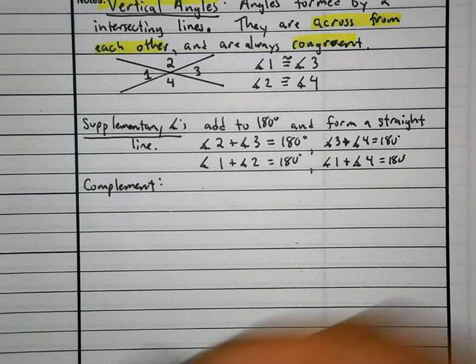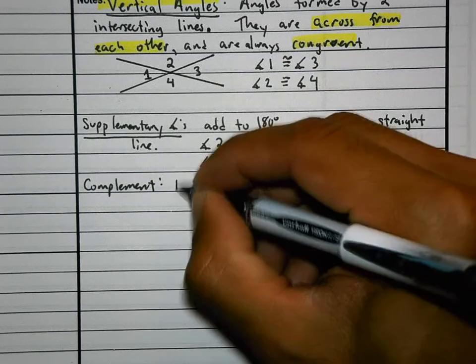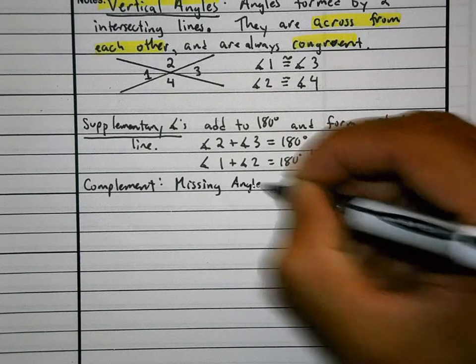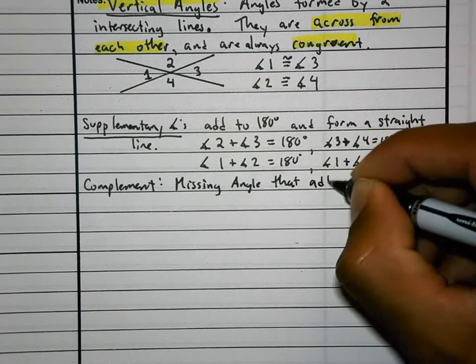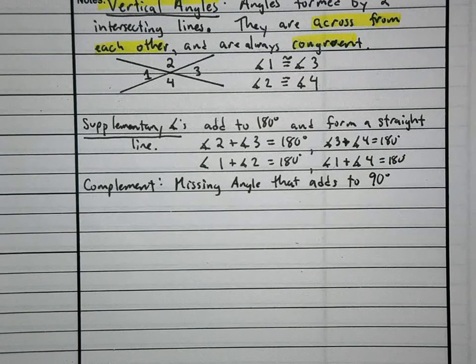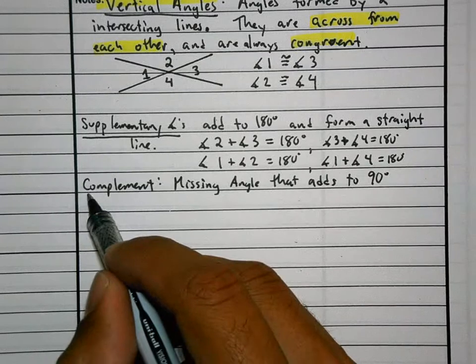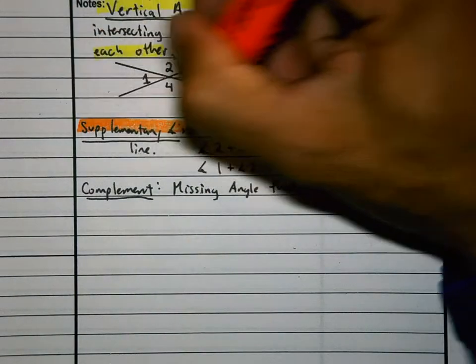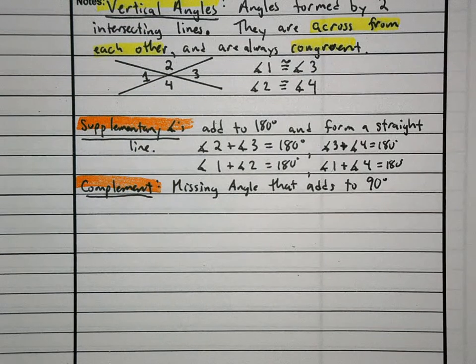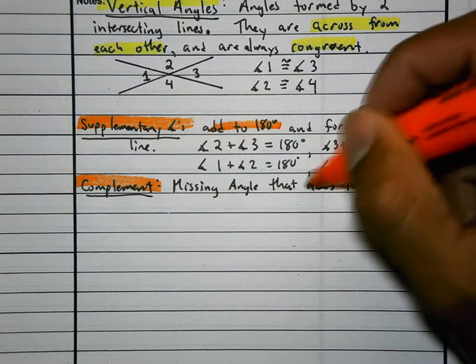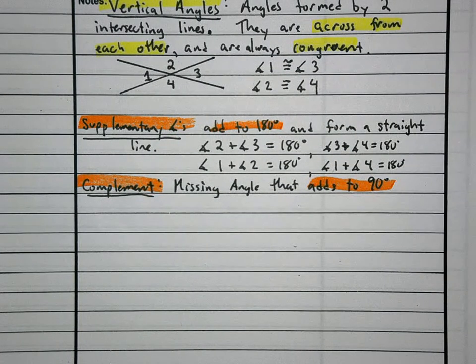So what we're going to write down is, it's the missing angle that adds to 90 degrees. I'm going to underline that word. Do a little bit of highlights here. Supplementary, complementary. Supplementary adds to 180. Complement adds to 90 degrees. Two little different things there, but I'm going to highlight them because that's what we're supposed to know.